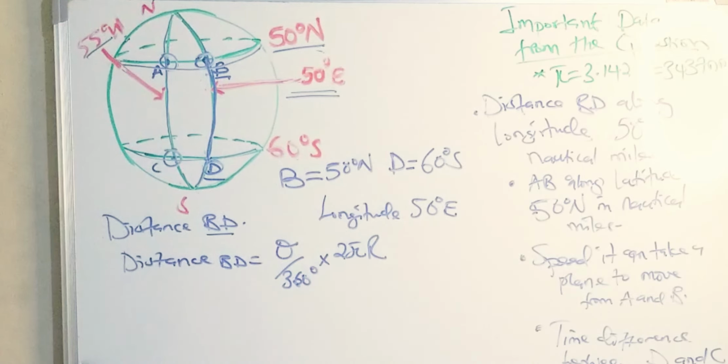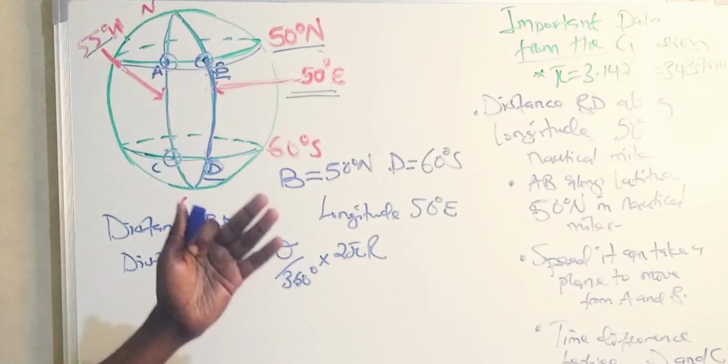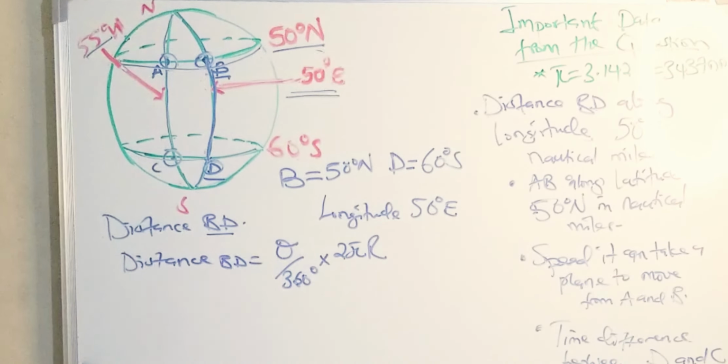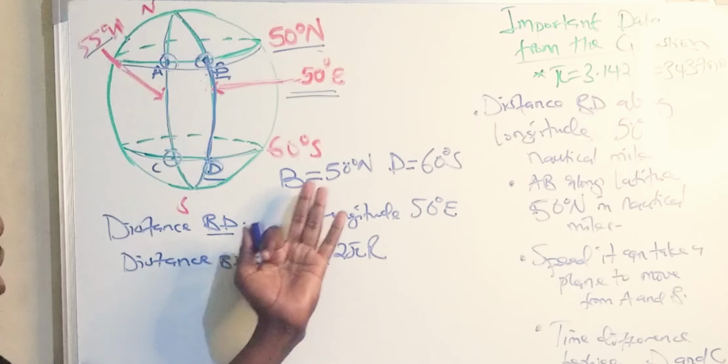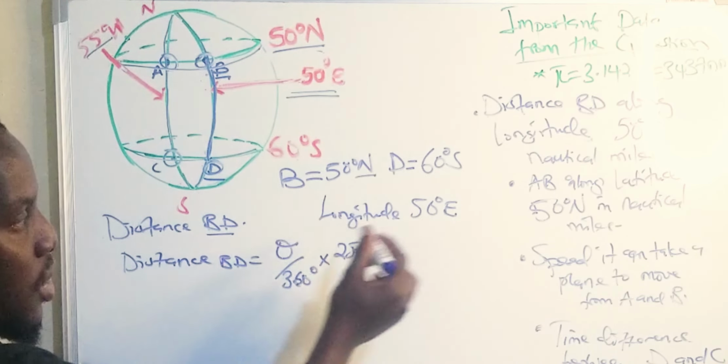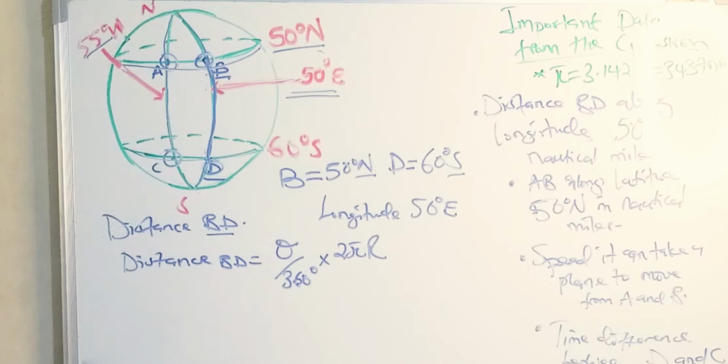So when you're calculating the difference, you add those two points that are on different sides of the equator. If you look at B and D, they lie on different sides of the equator. B is on the north side, D is on the southern hemisphere.